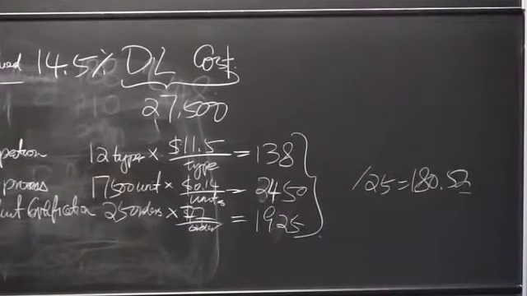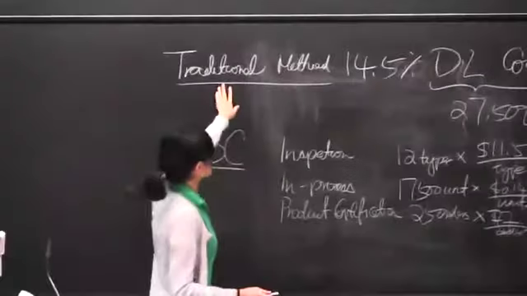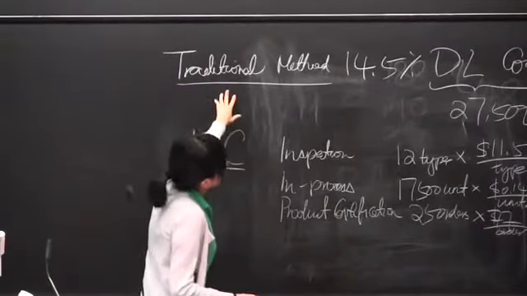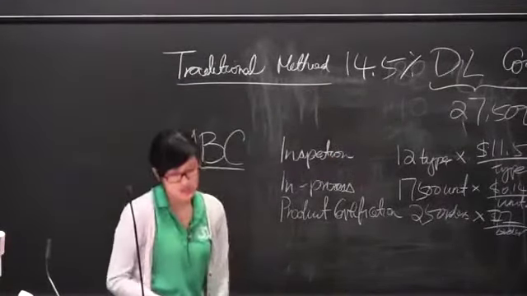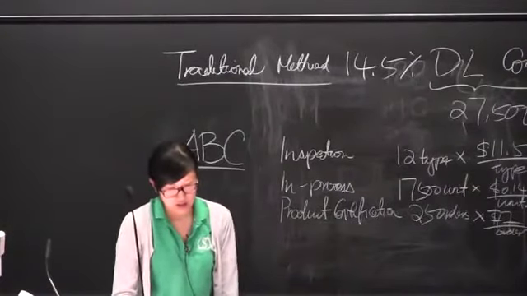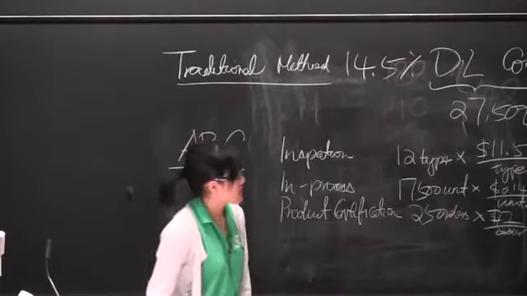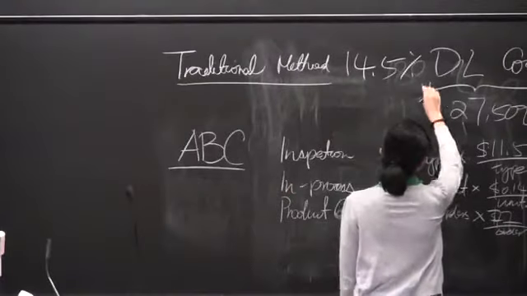They give you everything, multiply them, you get it. Second part, quality control cost per order using traditional cost accounting. So I told you guys traditional cost accounting is 14.5% of the direct labor cost, which is basically times them together.